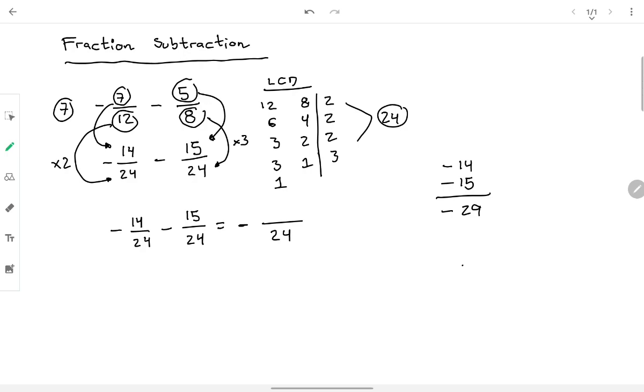So in this case, our answer will be minus 29 over 24. Remember, because we are adding two negative numbers, we will get a negative number, and in this case it will be minus 29 over 24.